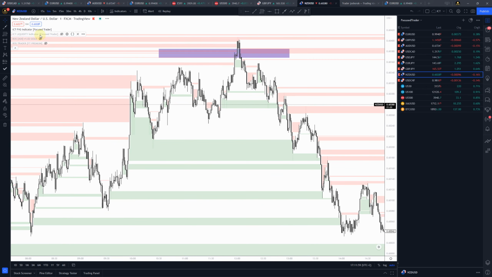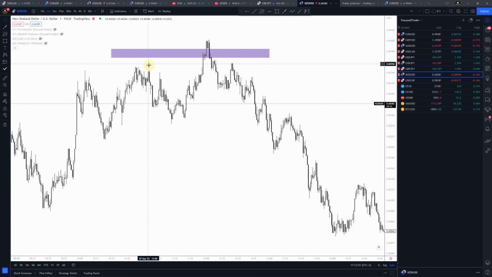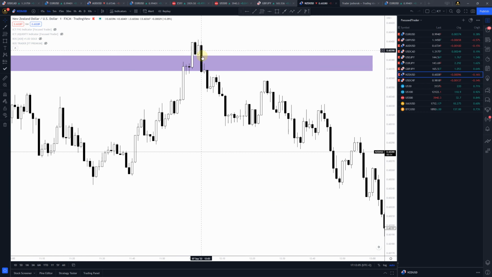You can see the gap is truly here, and let me hide the gap, and we can see what the market did there. There was a strong movement to the upside, and then a very strong sellers' reaction, very big black bars, which indicates a very significant trend of sellers pushing here.